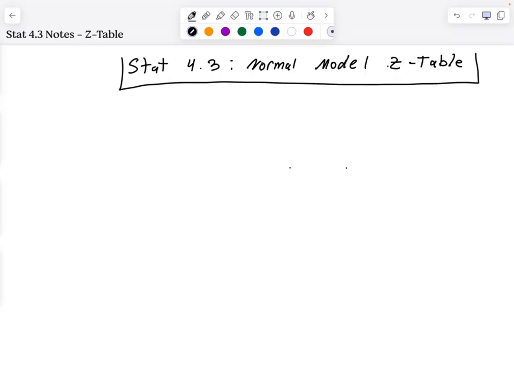So, something to note in regards to this, we have talked about the 68, 95, 99.7 rule.